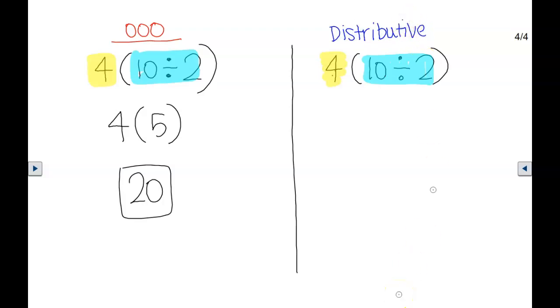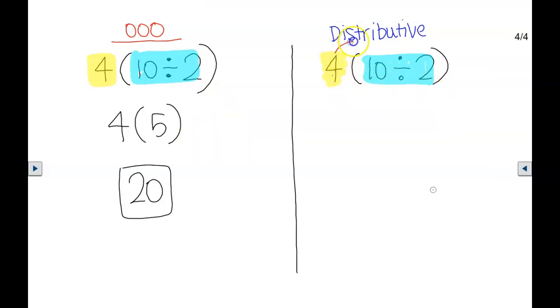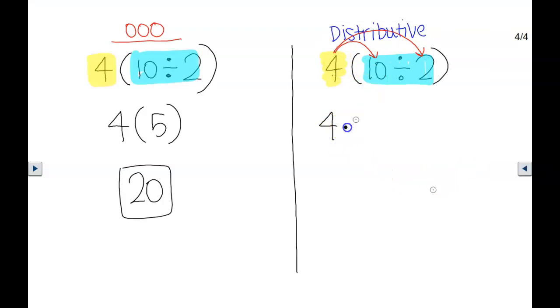What distributive property tells me is that I don't have to do the group first. Instead of multiplying 4 times the entire group like I did over here, I can do 4 times each member of the group. So I can do 4 times 10 and 4 times 2, and then the division in the middle.